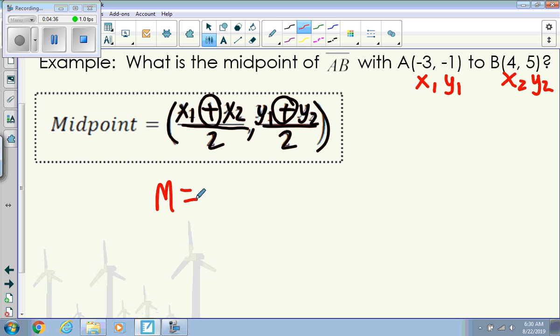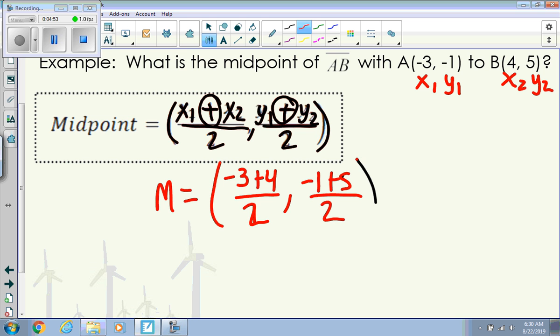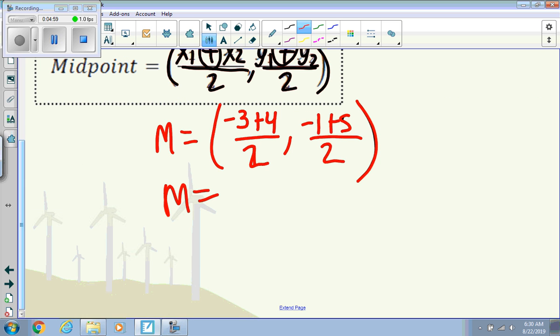So I've got -3 plus 4 over 1, comma, -1 plus 5 over 2. I should have said over 2 and it's not 1. I apologize. So then we're going to have -3 plus 4 gives us a positive 1.